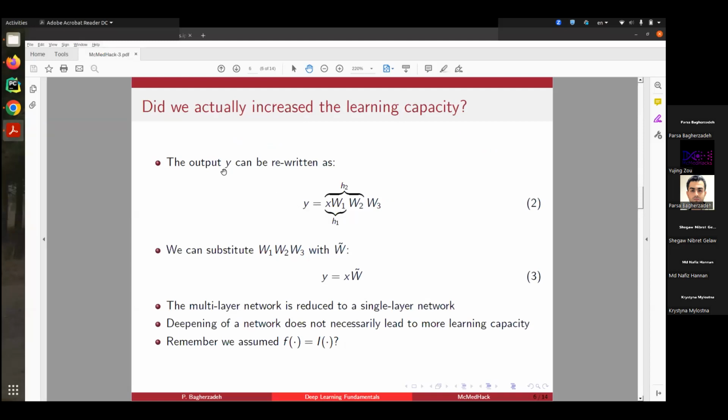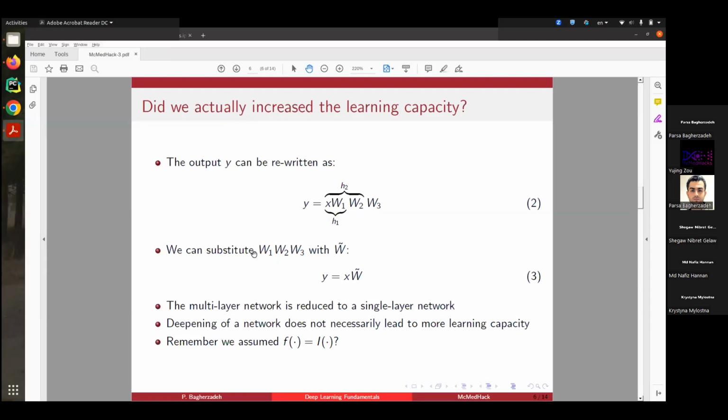we can rewrite Y as this, right? So H2 was multiplied by W3, H1 was multiplied by W2, and X was multiplied by W1. So I have X, W1, W2, W3, the consecutive projections that I had.